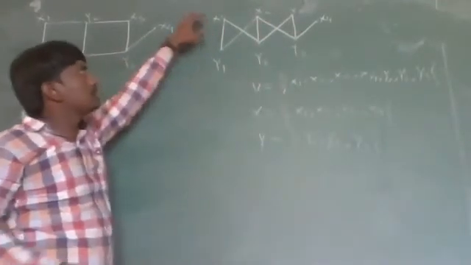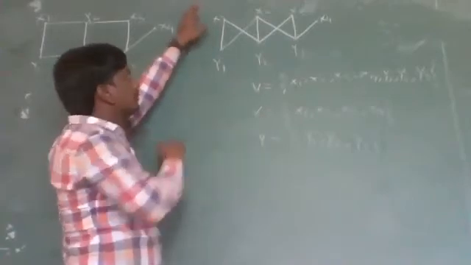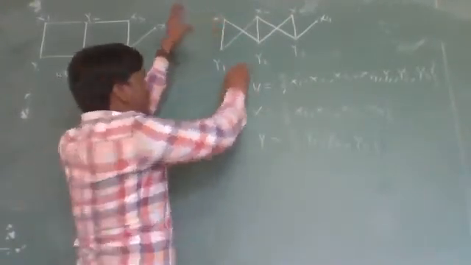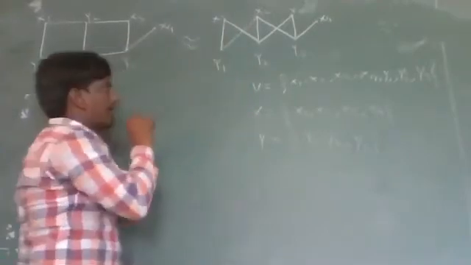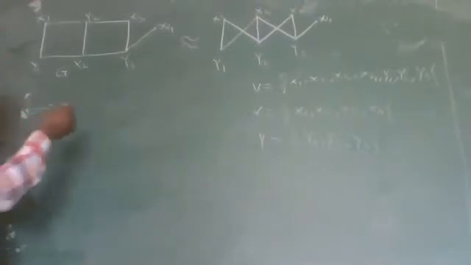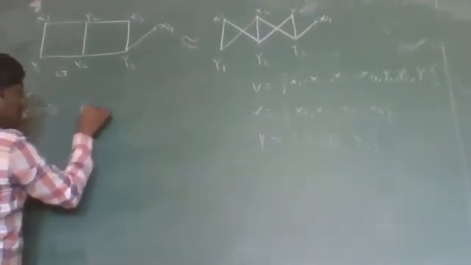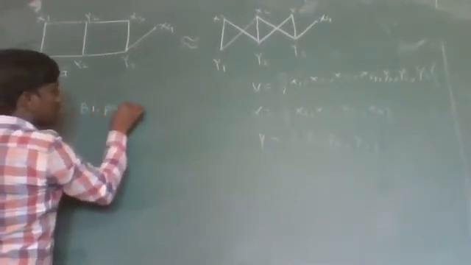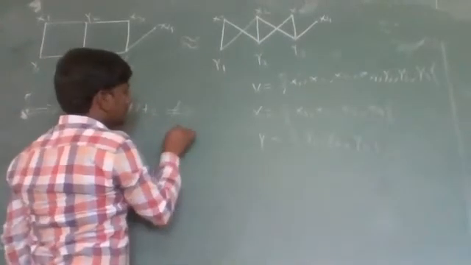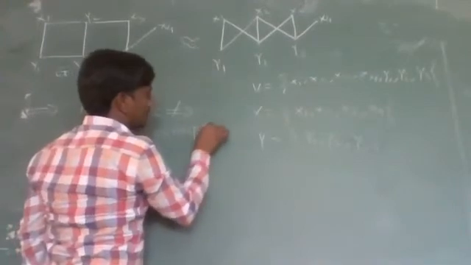This does not satisfy the definition of complete bipartite graph. Hence this graph is not a complete bipartite graph. Which implies that if a graph is bipartite, it does not imply that it is complete bipartite.